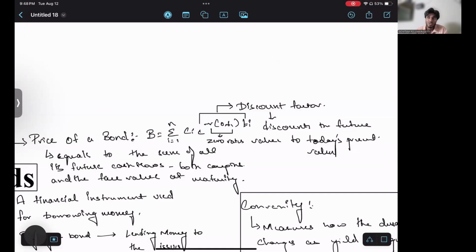So that $12 in the future is discounted to equal the $10 right now, because we are getting the same value out of it, which is a bag of rice. That is why we need to discount the overall cash flow of a bond to the present value to find the bond price at that present time.